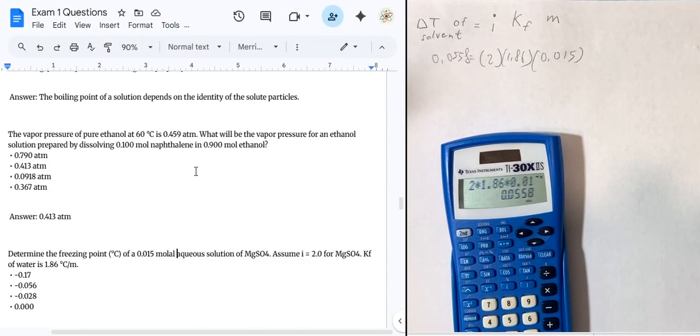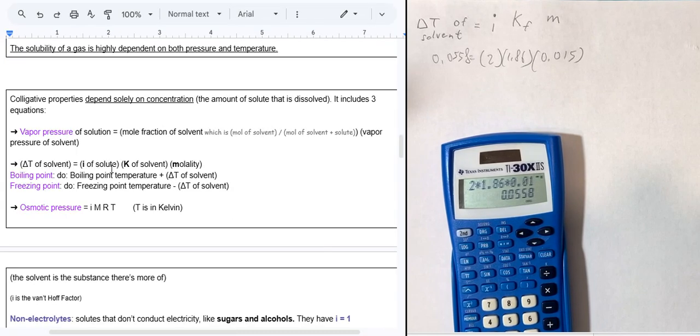Now we didn't get a freezing point temperature for this question, but we know the freezing point of water is 0 degrees Celsius. I should probably add here to clarify, this is the freezing point temperature of the pure solvent.